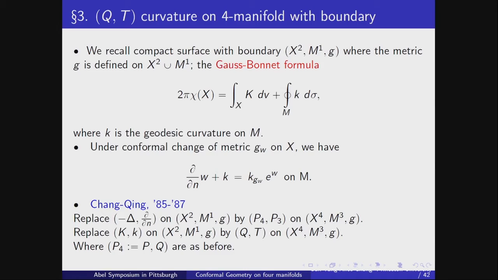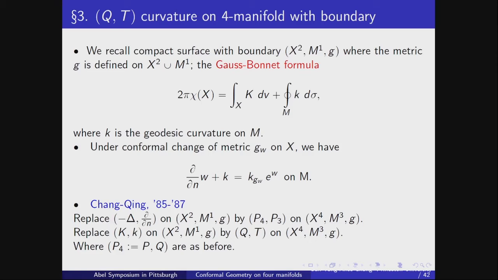So the first attempt to generalize things to 4-manifolds with boundary is to find the analog of this Neumann operator on 2-surfaces. Some work has been done by myself and co-author Qingjie. What we do is generalize this Laplace operator and Neumann operator from 2-surfaces to 4-manifolds.